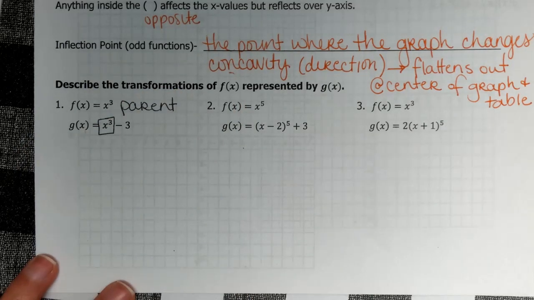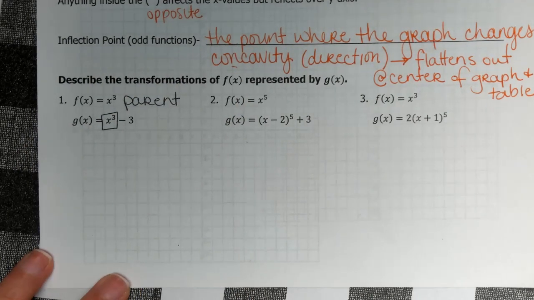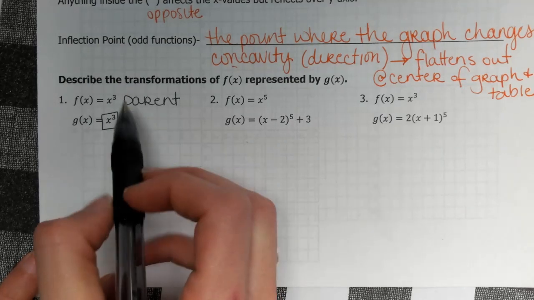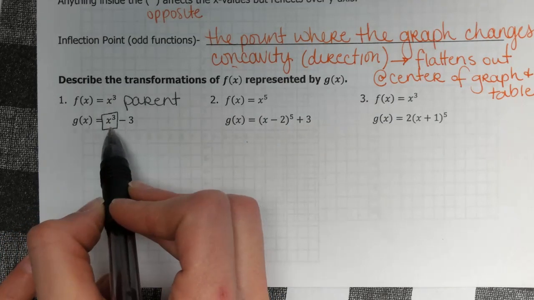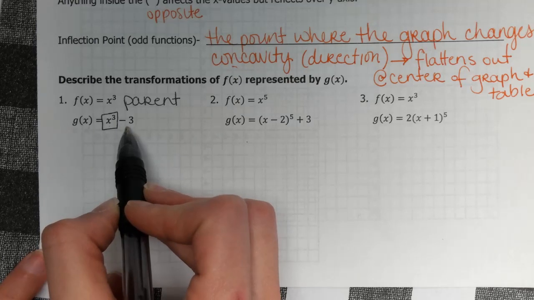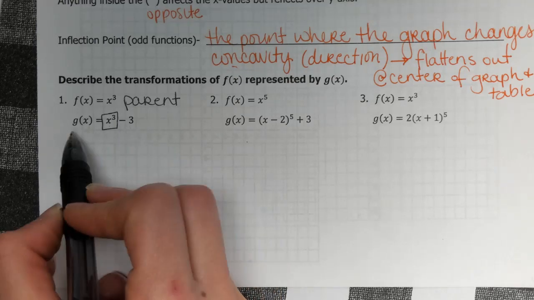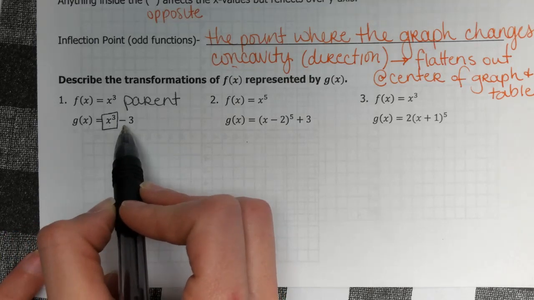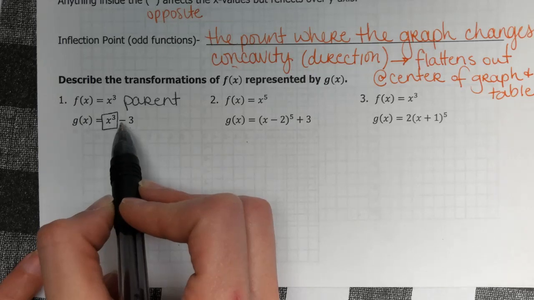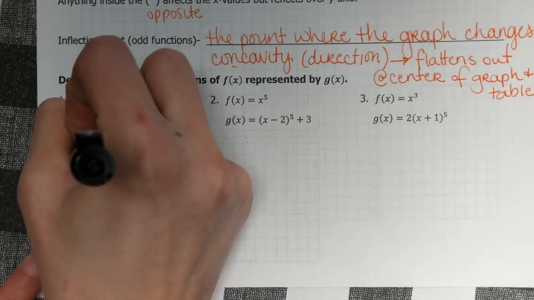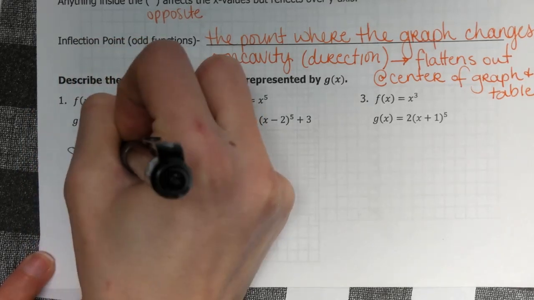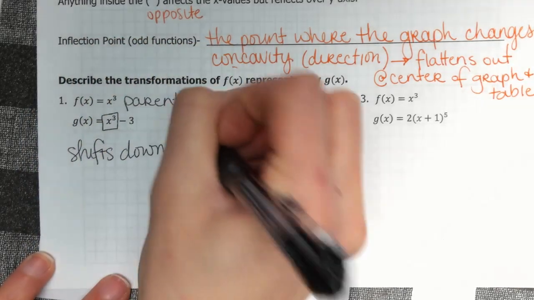Any other number tells me I'm doing something, okay? If f of x is x cubed, then I have x cubed minus 3. It is not in parentheses. I have no parentheses, so it's affecting my y value. So if I have a minus in the y direction, I'm shifting that where? It shifts down 3 units.